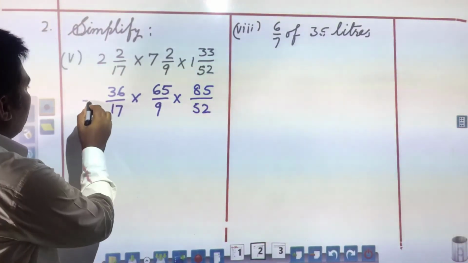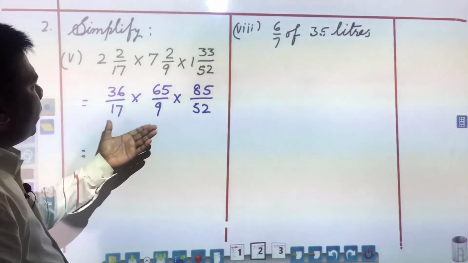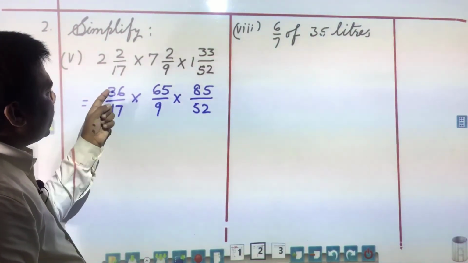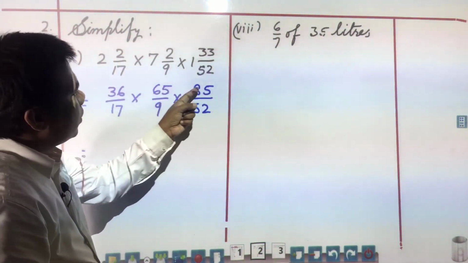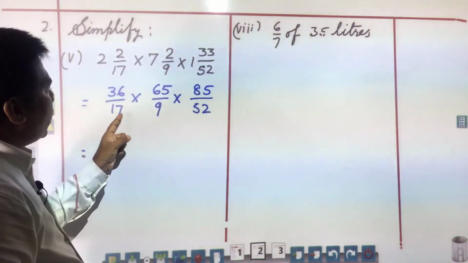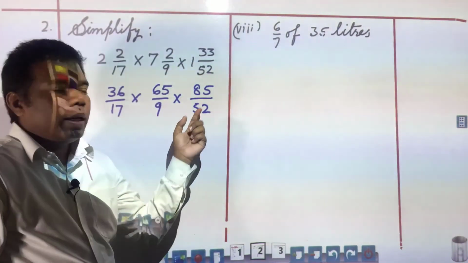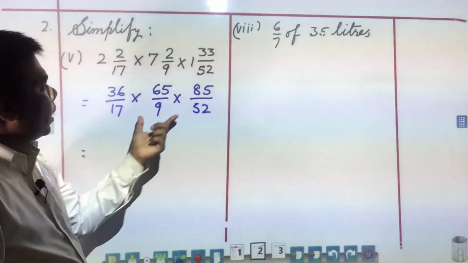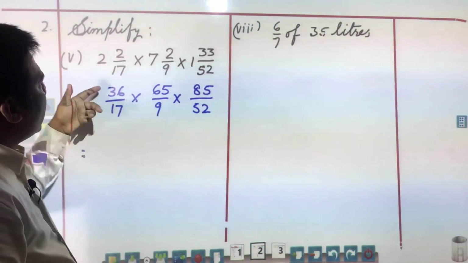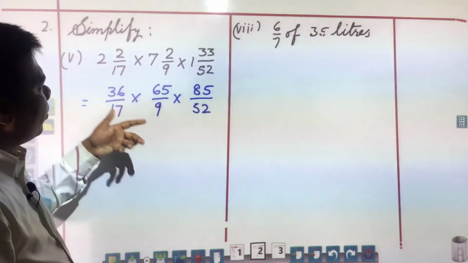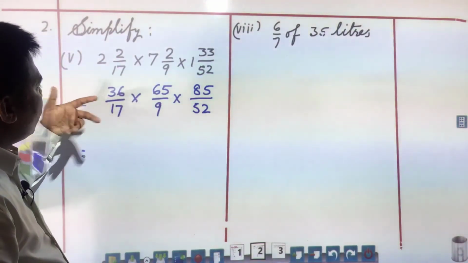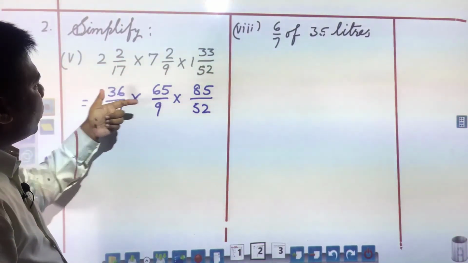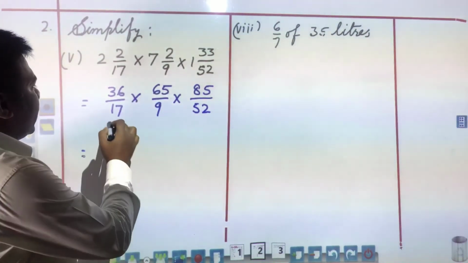Now, in the next step again the same thing is required to be seen. In numerators what numbers you have, in denominators what numbers you have, and if any common factor is there, it is required to be removed, or they should be written in standard form, and for that you need to cancel if it can be cancelled.